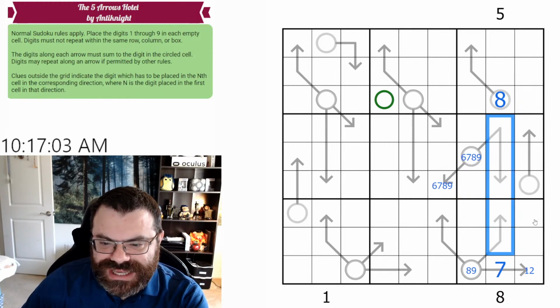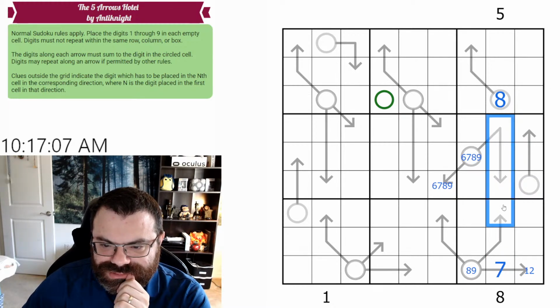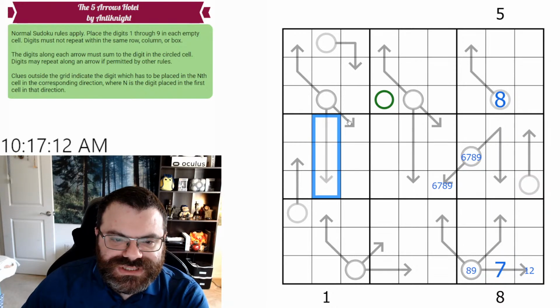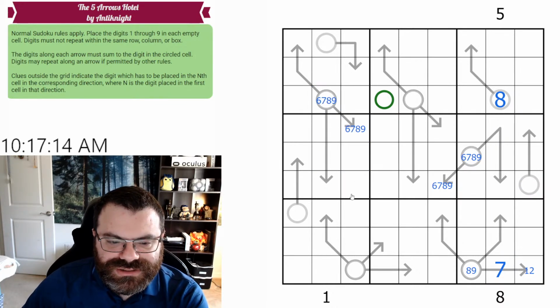These add to at least 15, but that doesn't really help me at the moment. This is also a 3-cell arrow, so we can put 6, 7, 8, 9 on here. These add, again, to at least 15, because 1, 2, 3, 4, 5 is 15. And so that means these two add to at least 15, so this is another 6, 7, 8, 9, but it can't be a 7.